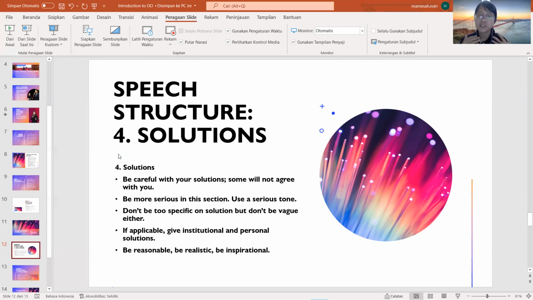Third of all, don't be too specific on solution, but don't be vague either. Try to find a solution that sounds believable, but you don't have to be specific, like in numbers. Just what you think inside your head is something that is possible to be done, something that is achievable by the common society. Fourth is, if applicable, give institutional and personal solution.